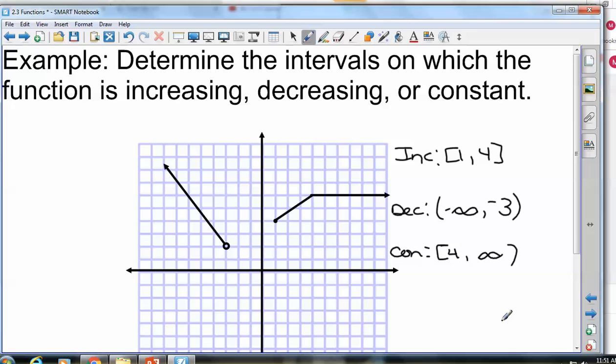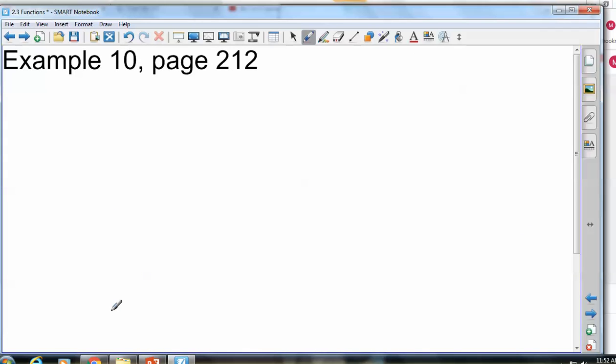I want to look at an example in the book. So grab a book, 1 per table is fine, you can share, but I want to look at the graph on page 212, example 10.